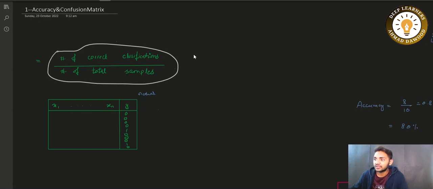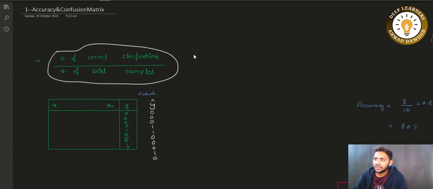Let's say these are the true values, and here some model has predicted in this way against these samples: 0 0 0 1 1 0 0 0 1 0.